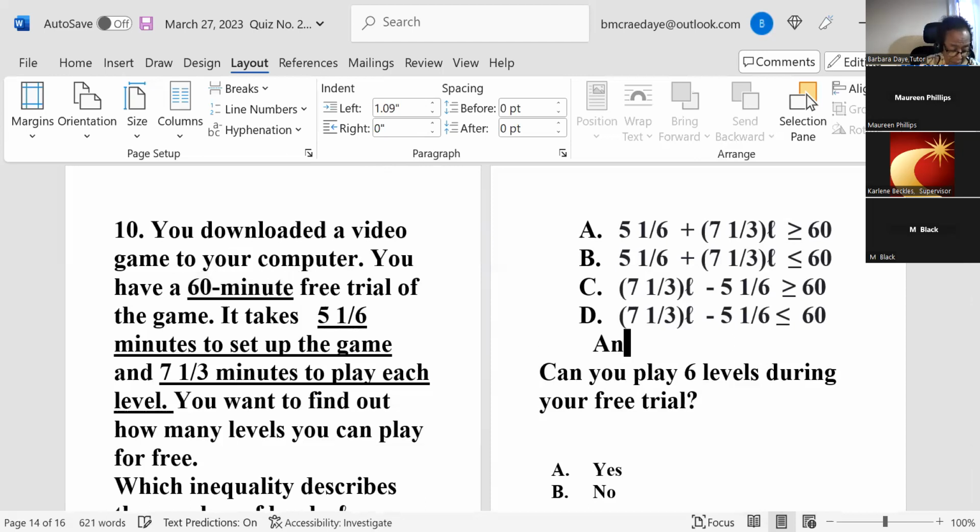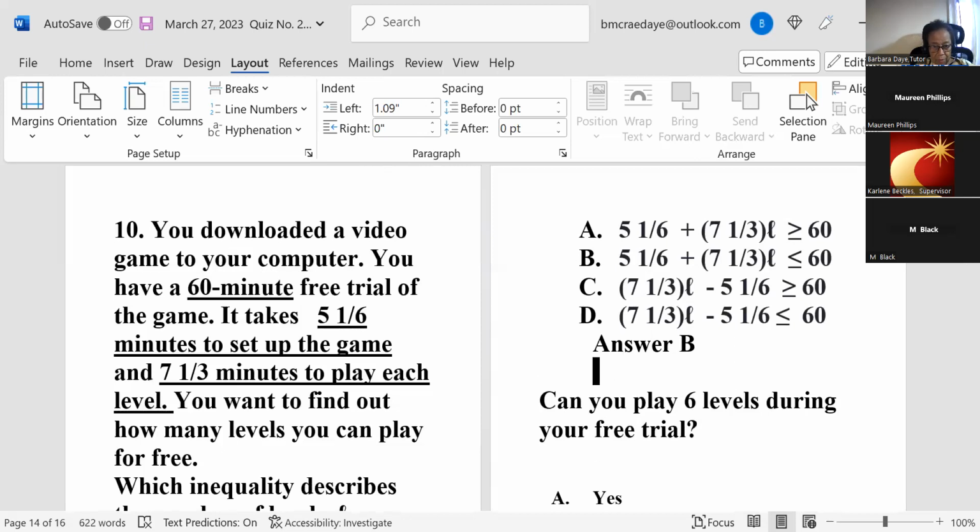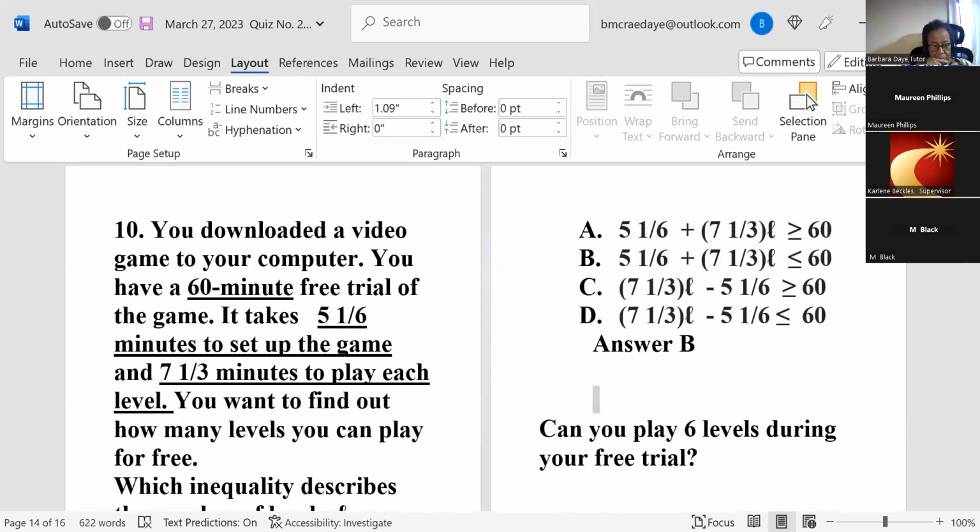I understand why you don't go over 60, but I don't understand the figures, how you work it. I don't understand the five and one sixth. How does that work out? It takes 5 and 1/6 minutes to set up the game.